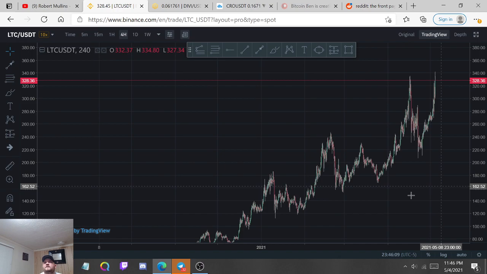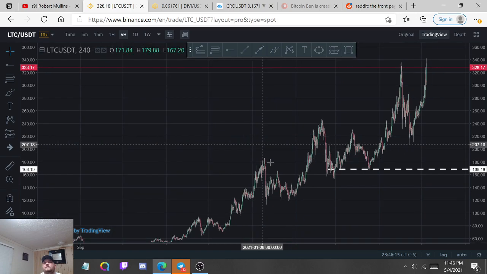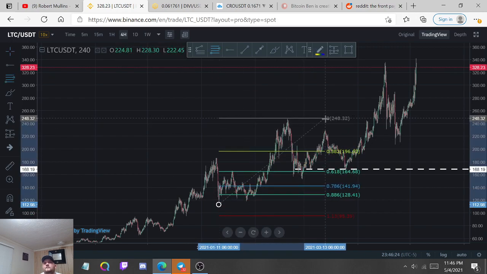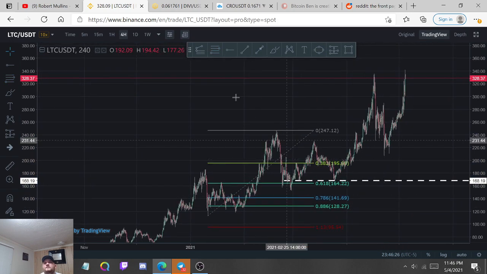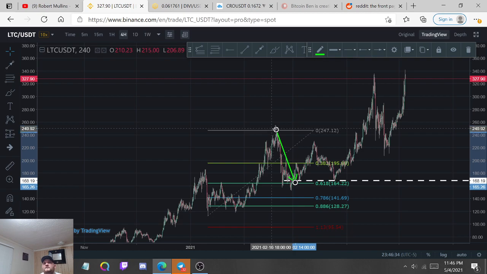So now we have a blank chart. I bought Bitcoin at 170. I was looking at this. As it hit 240, I said if it pulls back to 170, I would buy.